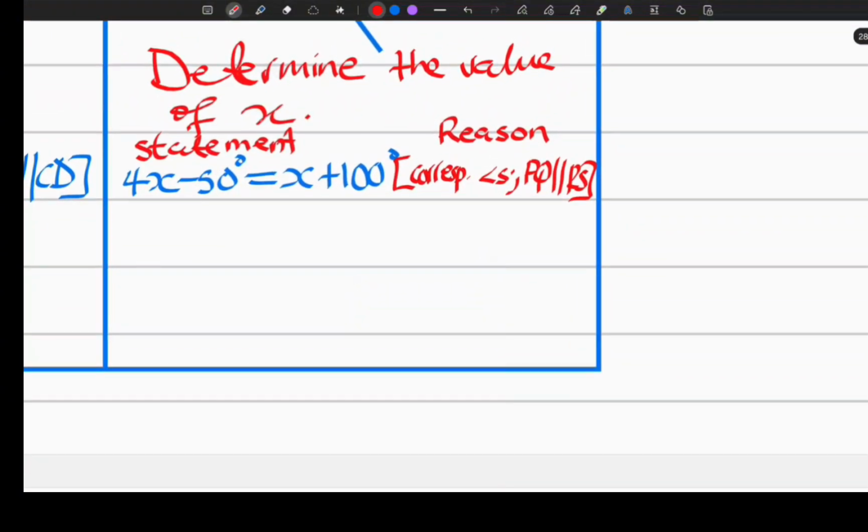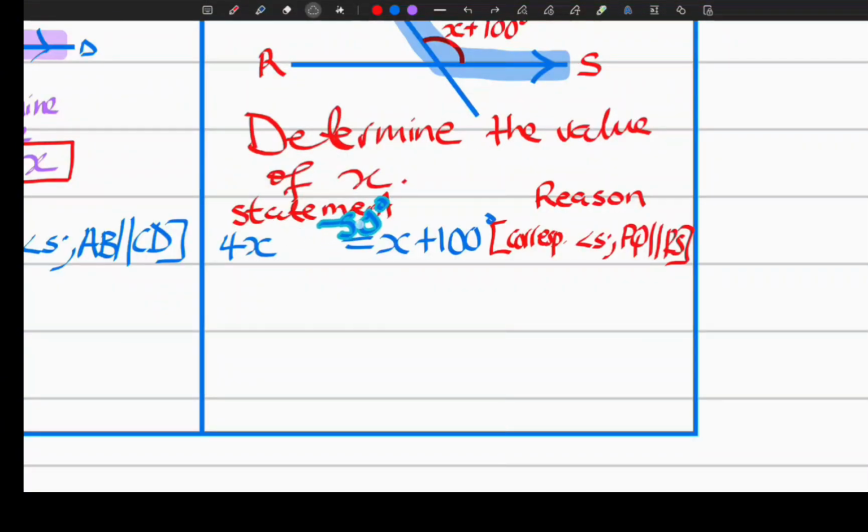We can start off by grouping the x's on one side of the equation, preferably the left-hand side. So all it means is that this x is to move over, right? And it will become negative when that happens, as well as this negative 50 also needs to go over the equal sign. And when that happens, it will change to positive 50.